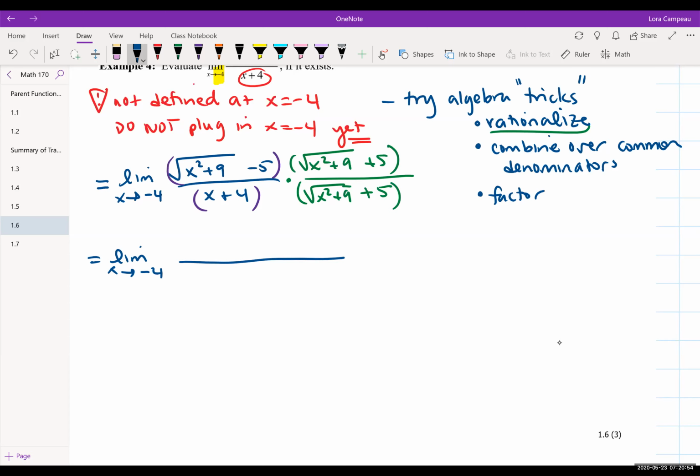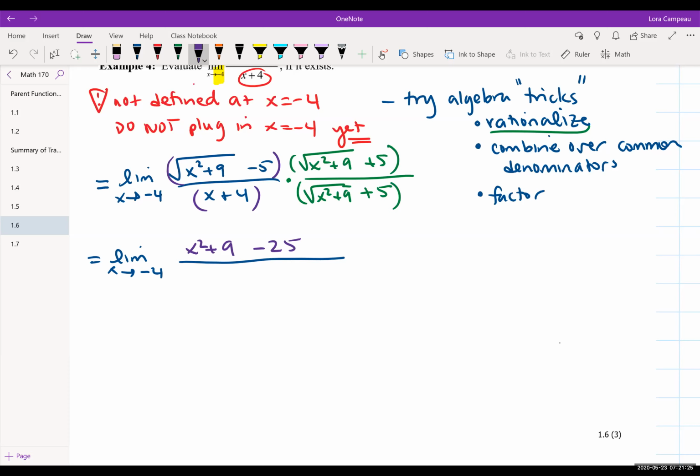The numerators, if you were to multiply them out, are a difference of squares, so there are some shortcuts you can play with. We should get in the numerator x squared plus 9, and then subtract off 25. If you were to go through distribution and combine like terms, you can do the same thing. Don't have to worry about the shortcut, but feel free to explore that on your own.